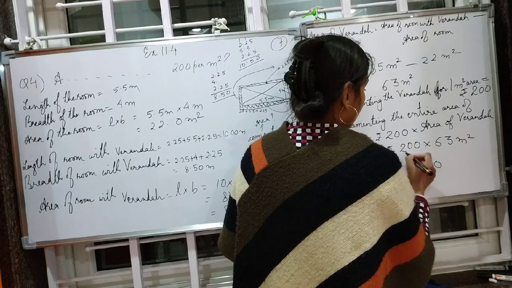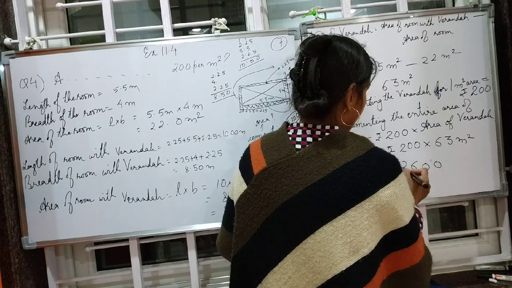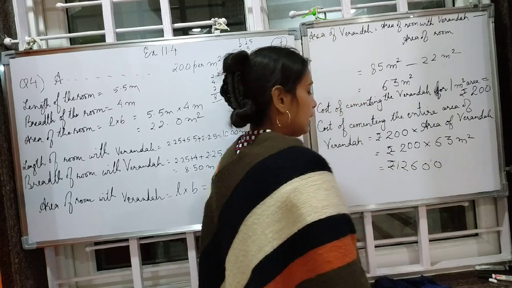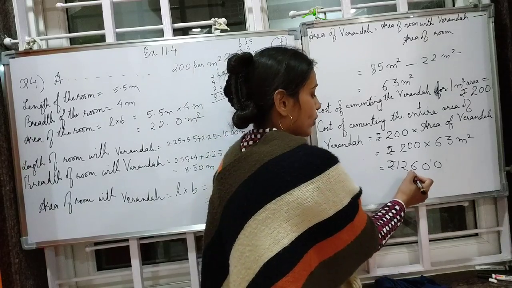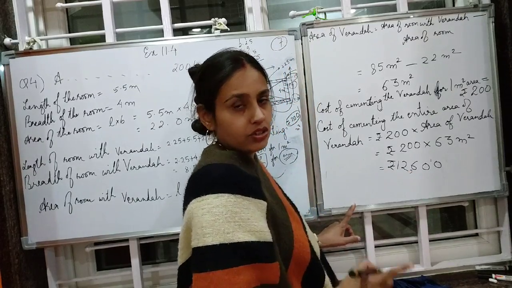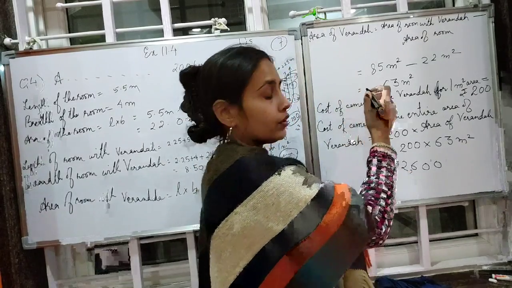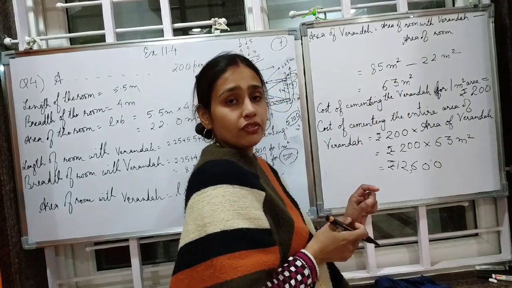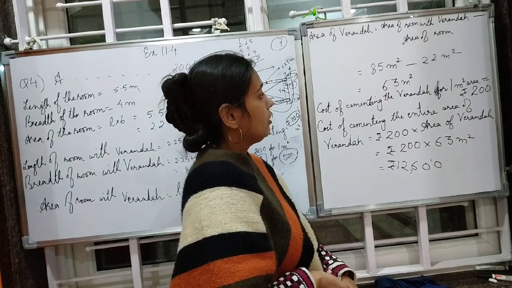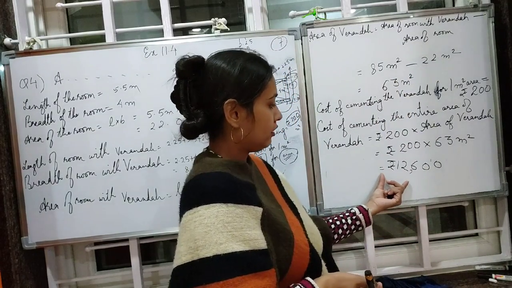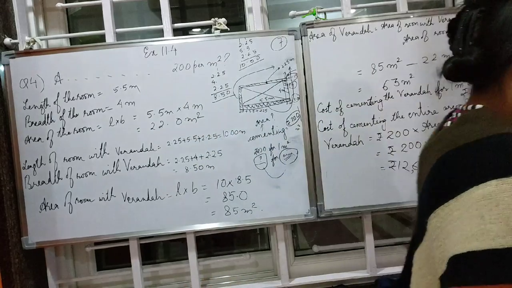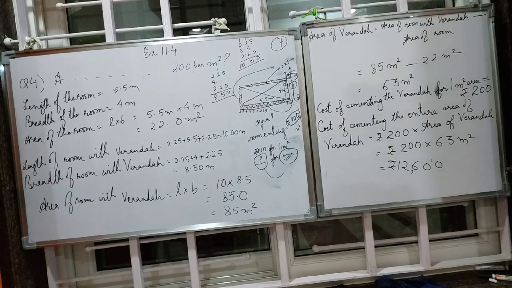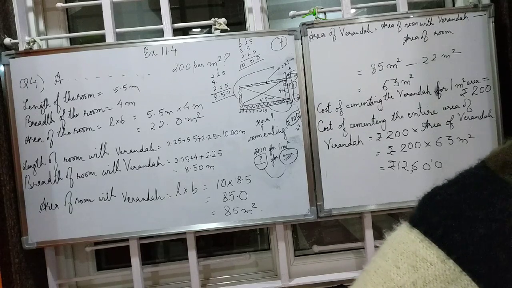So 00, 2 3s are 6, 2 6s are 12. So the answer is rupees 12,600. Children, there are two answers. Remember, one, the area of the veranda, that is 63 meters square, and the other one, that is the cost of cementing the veranda, that is rupees 12,600. Complete your work till here.